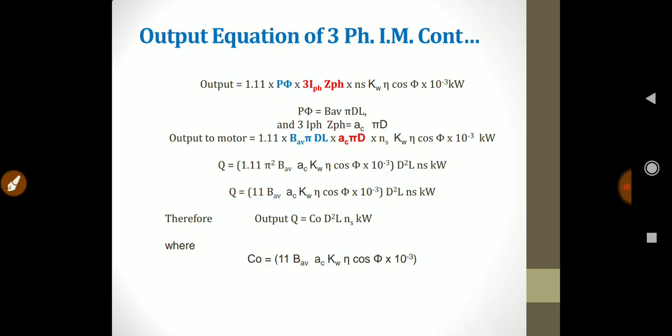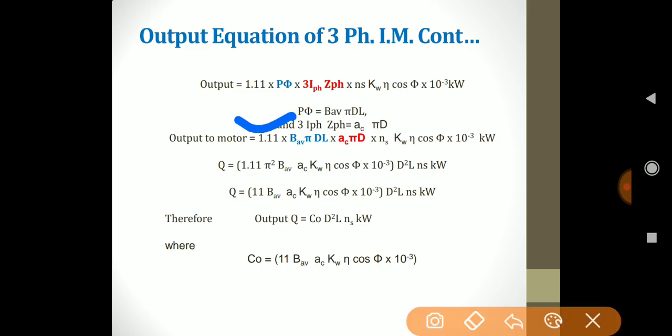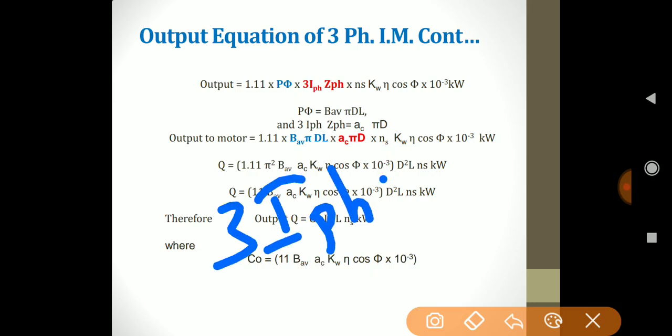IPH is the per phase current, ZPH is the conductors per phase, and as there are three phases, we have multiplied it by 3. So total ampere conductors for a 3-phase motor become 3 IPH ZPH.